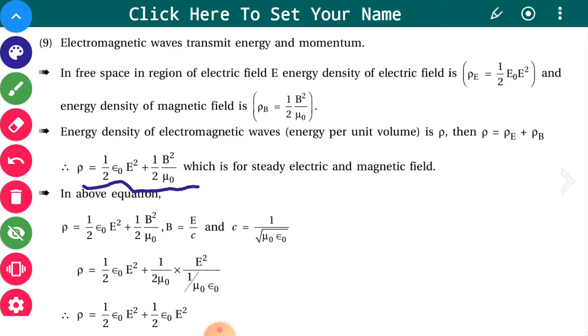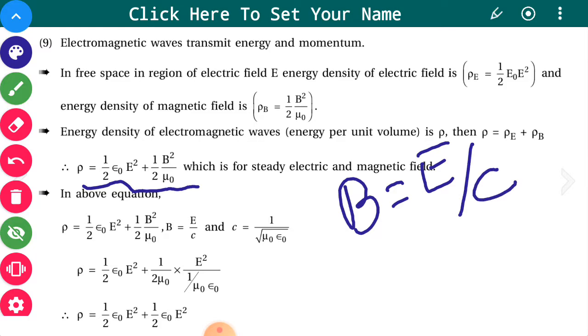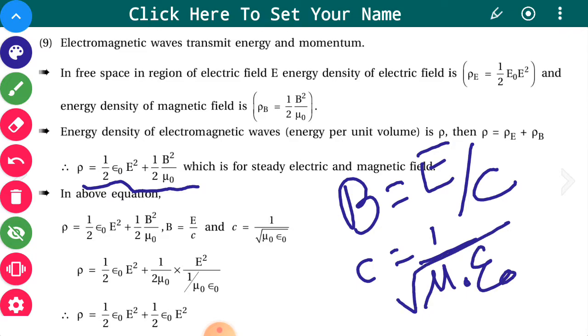Now as you know, E upon B is equal to C, so instead of B we have written E upon C, and as you know, C is equal to 1 upon square root of mu 0 epsilon 0.